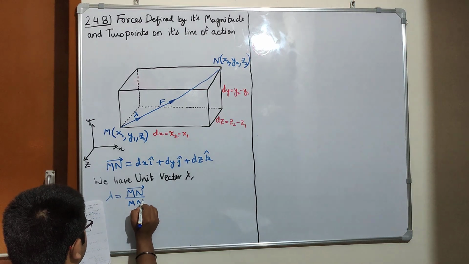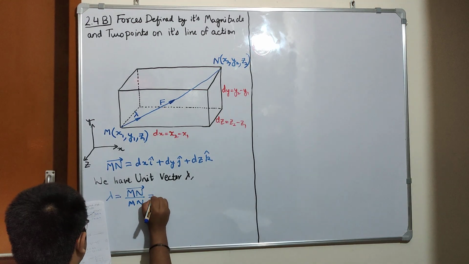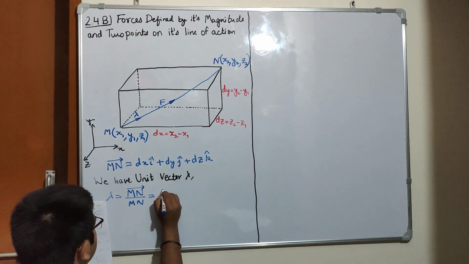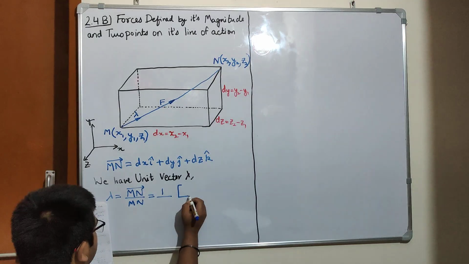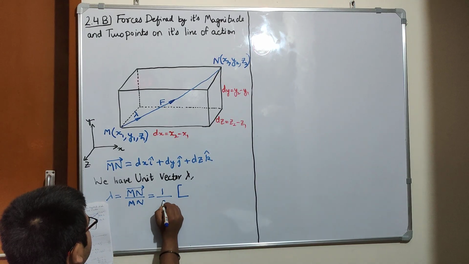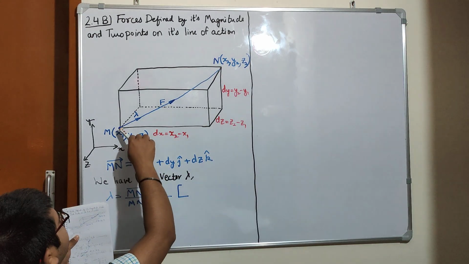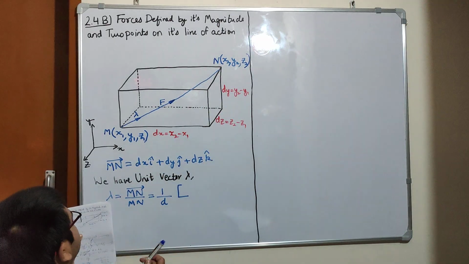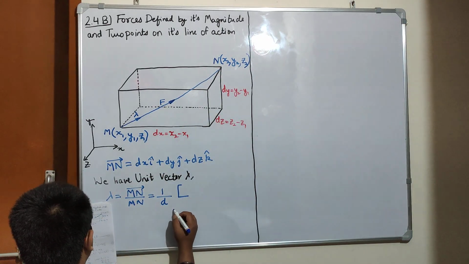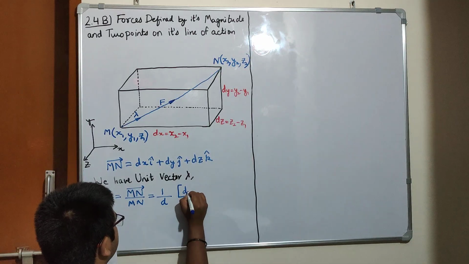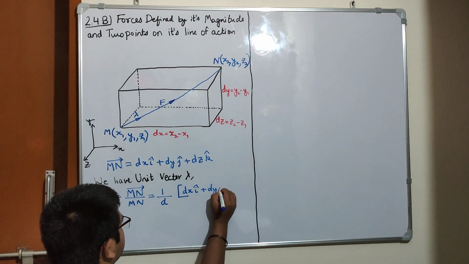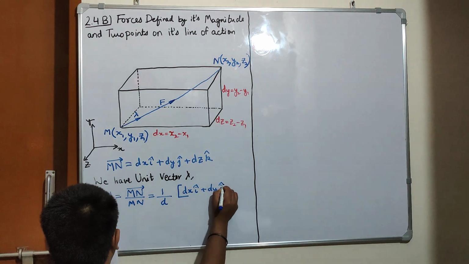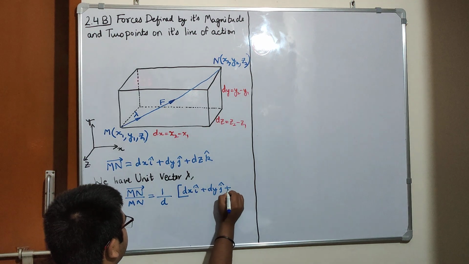MN, that is 1 by d. D is this distance from here to here. So 1 by d is dx i cap plus dy j cap plus dz k cap.